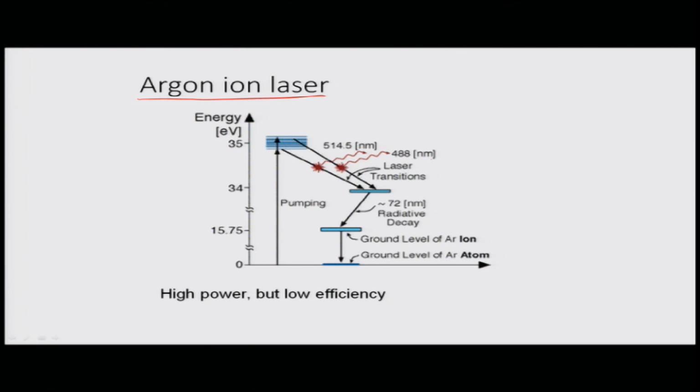It is again a 3-level system, so you go to the excited state, then come to the metastable states, and then you see the laser transitions at different wavelengths, 514.5 or 488 nanometers, from the higher plasma transitions which have been used. That is why it is called an argon ion laser. It can provide high power, but it again has low efficiency because it is a 3-level system.